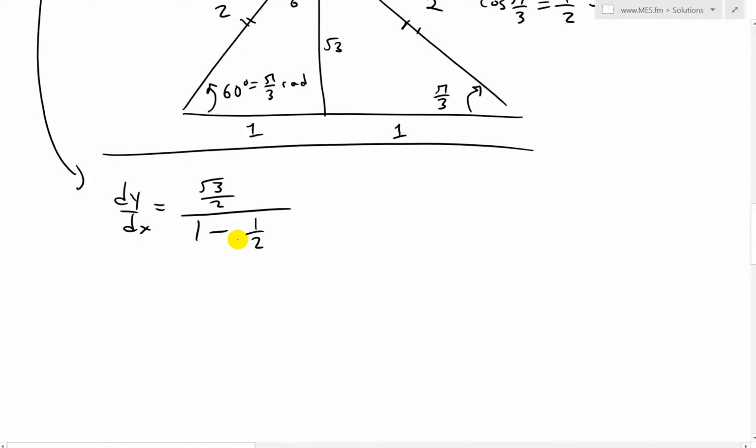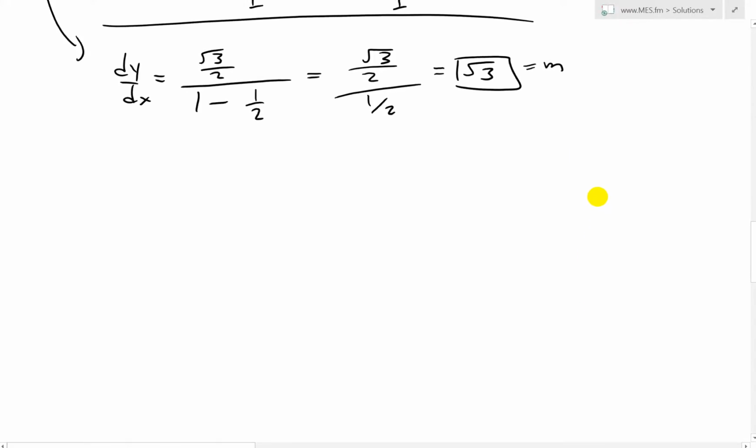So 1 minus 1 over 2 is just 1 minus a half. This becomes square root 3 over 2 divided by a half. You bring the 2 up top, they cancel, or 1/2 divided by 1/2, those cancel. We just get that this is equal to square root 3, and this is our m, our slope. So now we have y equals square root 3 x plus b.